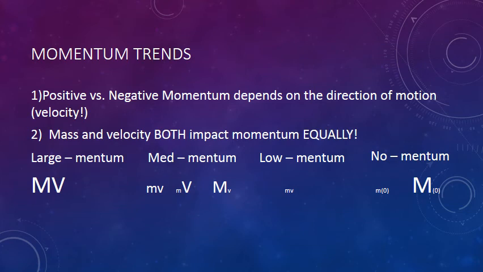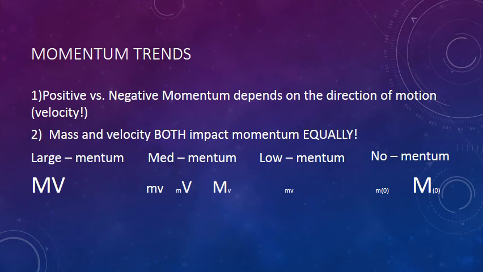A medium momentum can be created in a couple different ways. You could have a medium mass and a medium velocity. You could have a tiny mass and a large velocity, or you could have a big mass and a small velocity. So the size of those letters are representing the size of the variable.